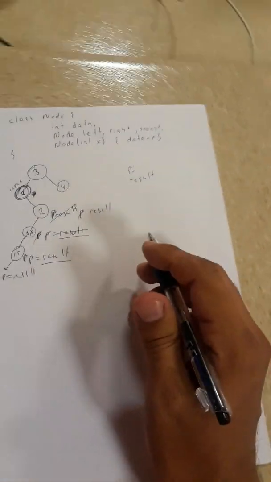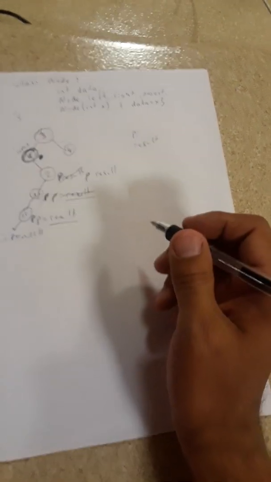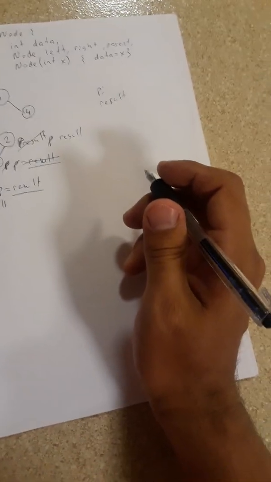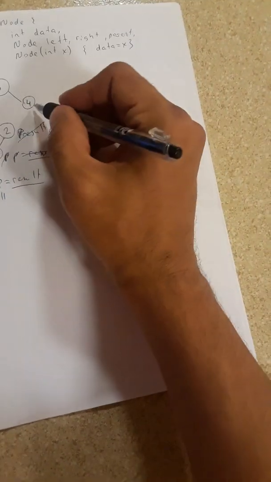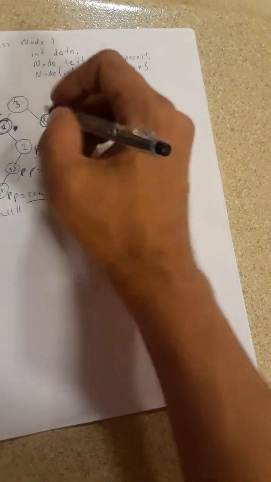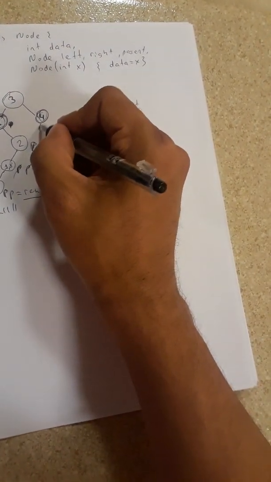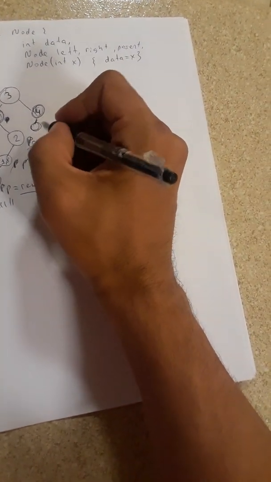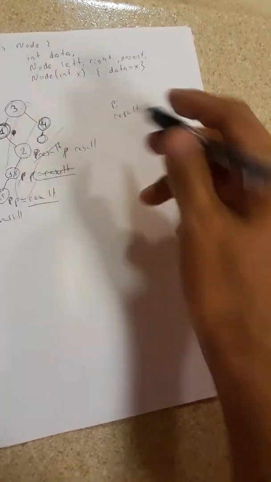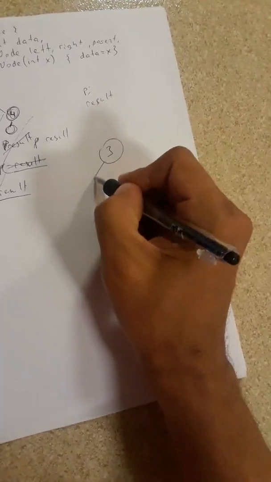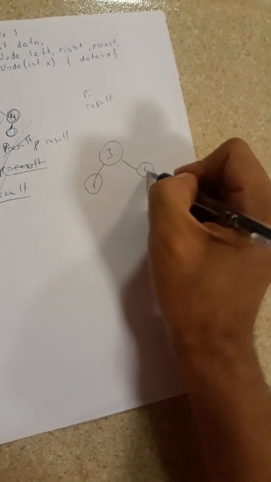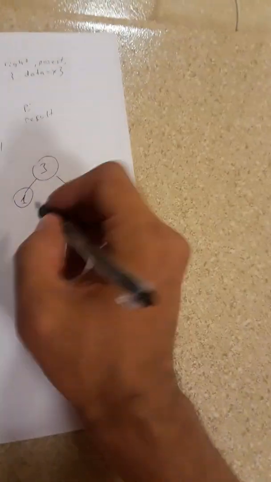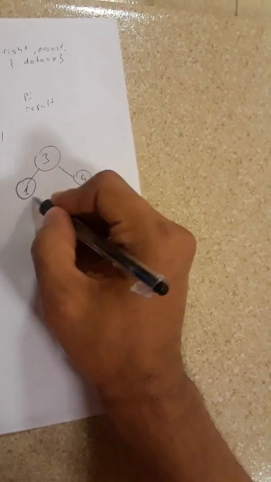Otherwise, if we don't have any right child, let's consider another example. We have this tree, and we're given 1, but we don't have a right child.